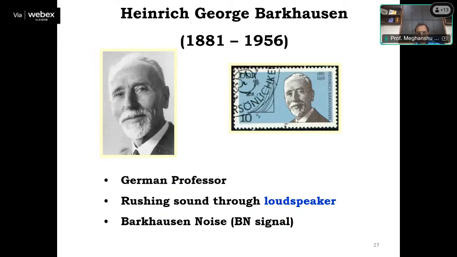He was a German professor, and initially in his laboratory he detected this signal as a rushing sound through a very small loudspeaker. That is why the name is Barkhausen noise signal. Loudspeaker indicates noise, so the signal name is Barkhausen noise signal.